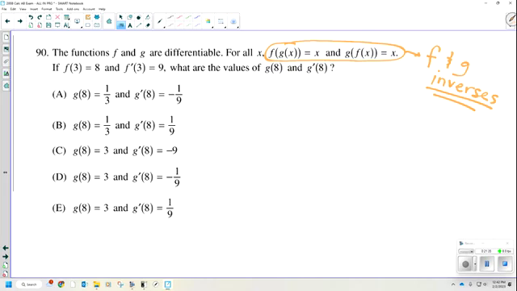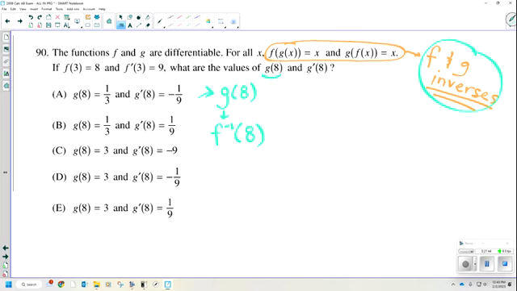Let's do these things one at a time, shall we? Let's start with g of 8. G of 8 is the same thing as saying the inverse of f of 8, because g is the inverse of f. So I'm just going to rewrite that.